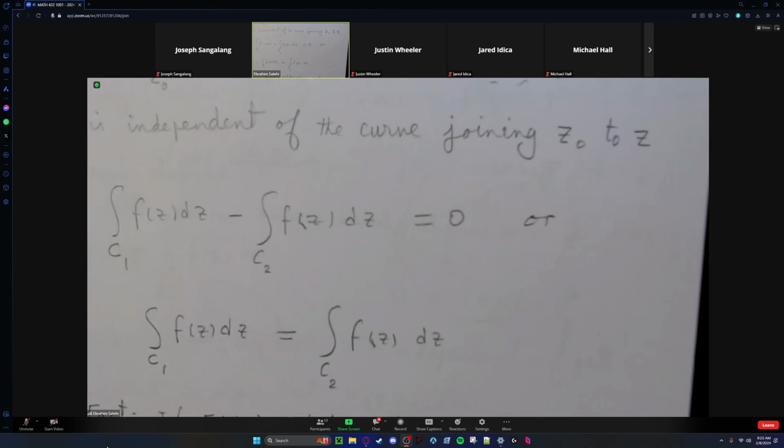The other consequence of Cauchy's theorem is that the antiderivative, if the function is analytic, the antiderivative exists.